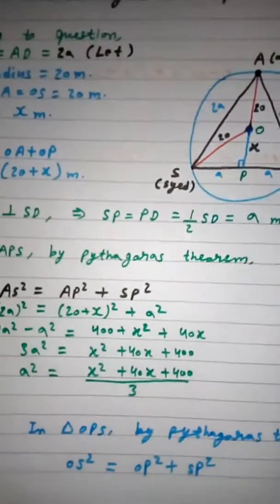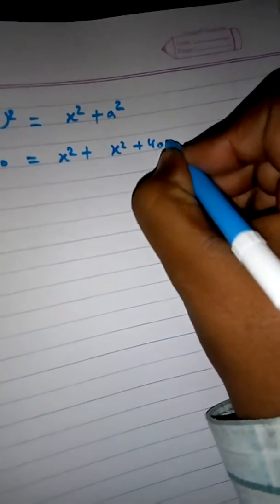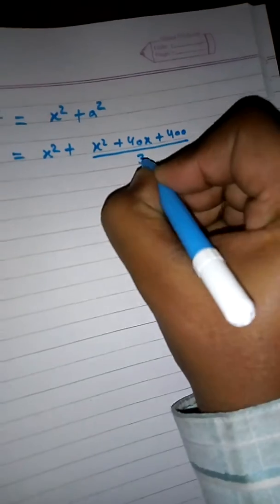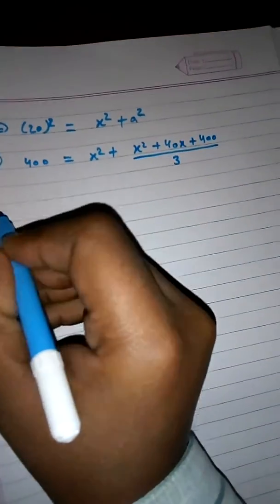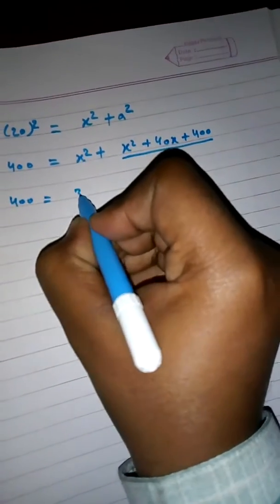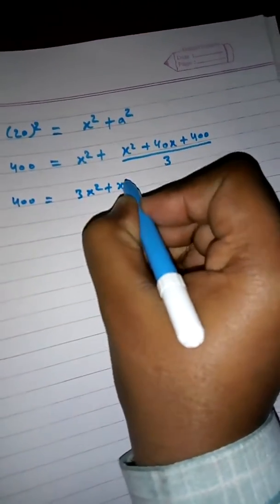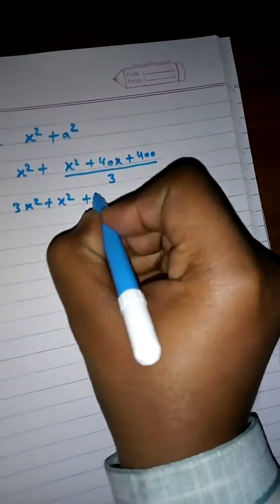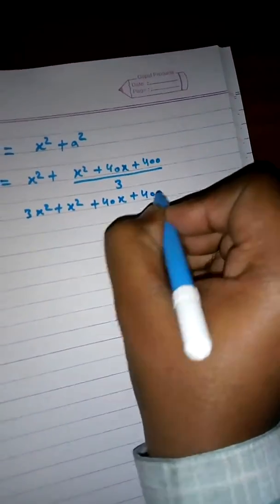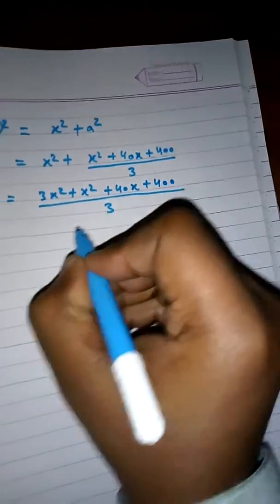So the value of a square is (x square plus 40x plus 400) upon 3. By taking LCM, we get 400 is equal to (3x square plus x square plus 40x plus 400) upon 3.